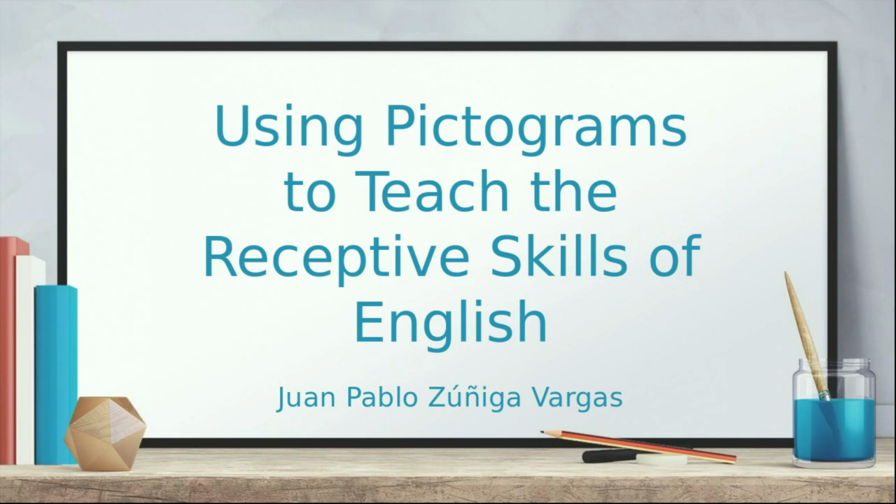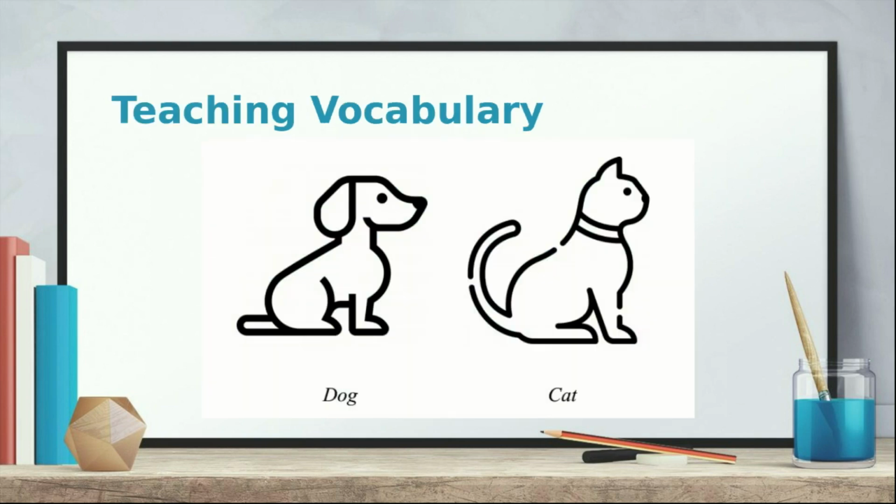Perhaps the simplest way of using pictograms to teach receptive skills in English would be to illustrate vocabulary words. You're probably used to working with traditional glossaries or lists of vocabulary words. They usually appear in alphabetical order, but for students who are learning a new language, it may be a bit difficult to deal with.